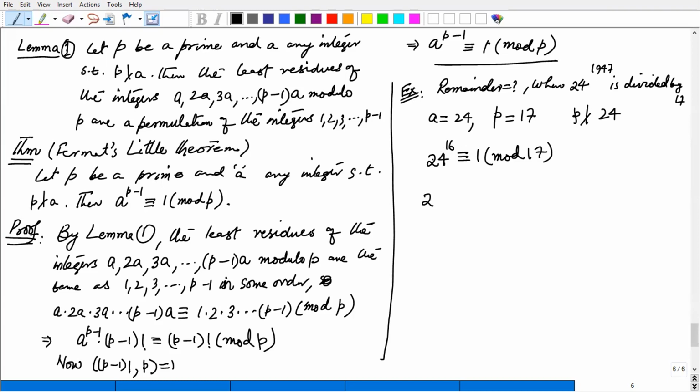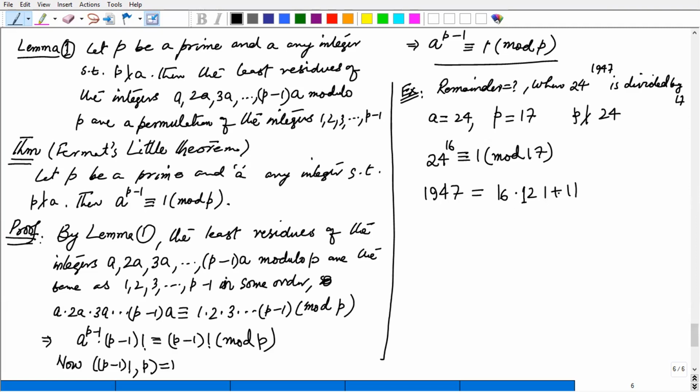So 1947 can be written as 16 times 121 plus 11.